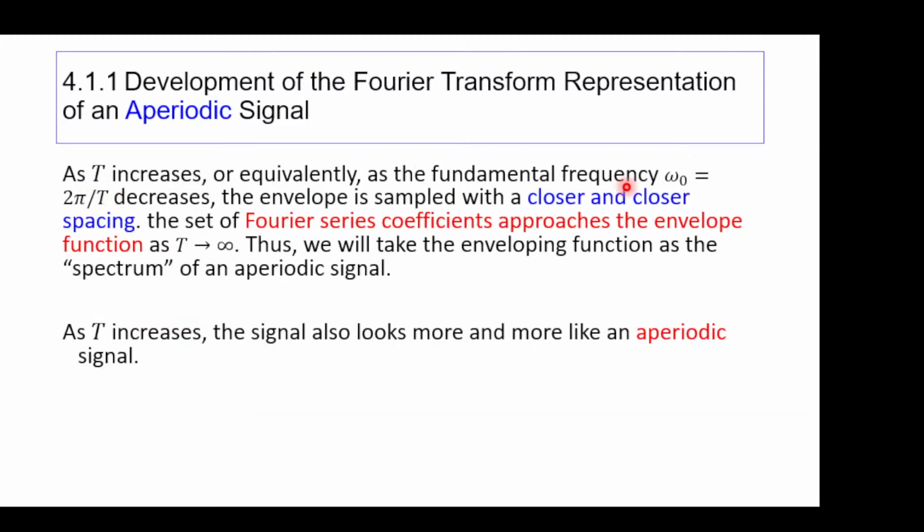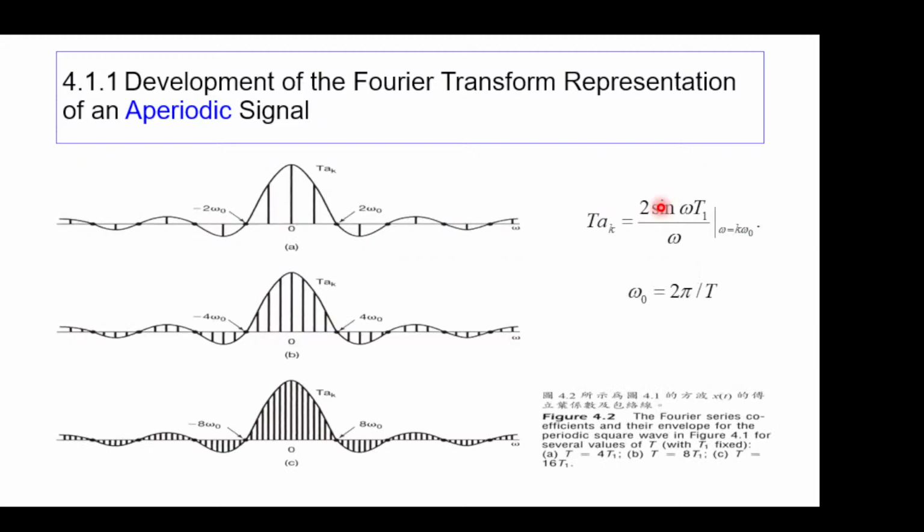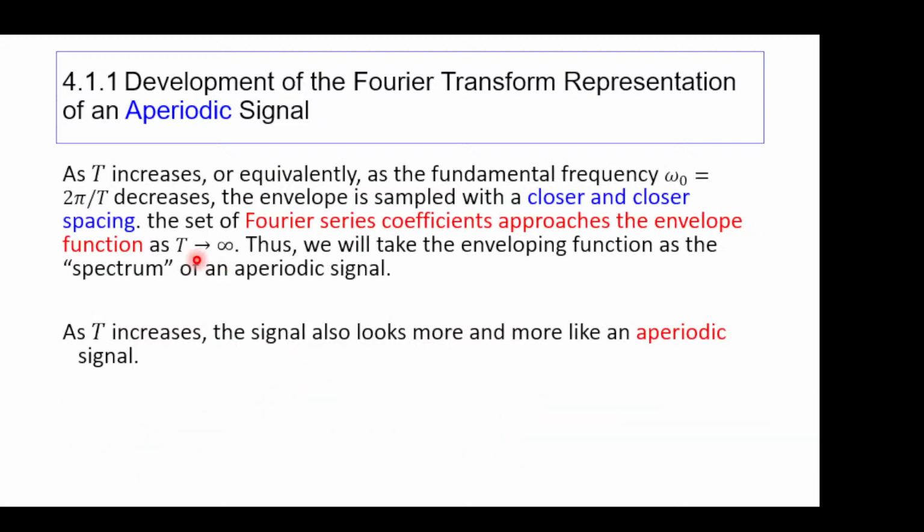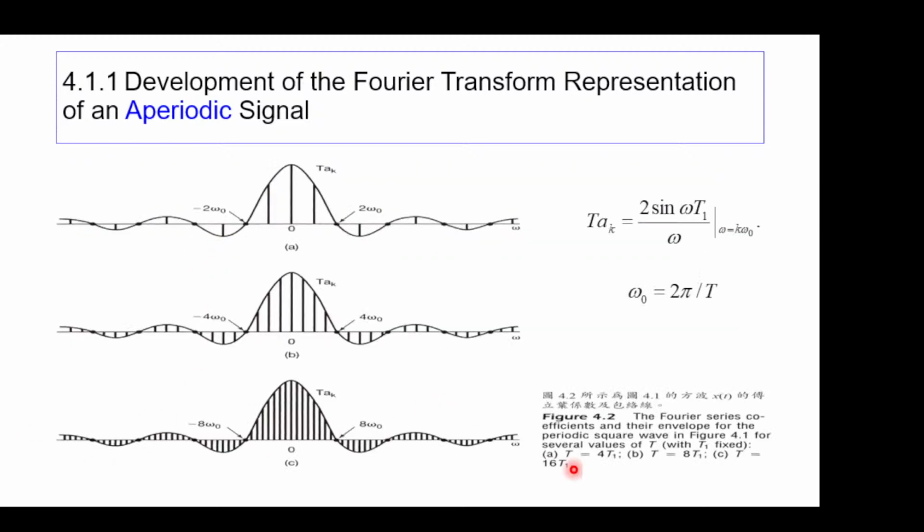And just as we said, as T increases, the omega naught will decrease, and you are sampling more and more on this enveloping function. And as T goes to infinity, we are basically taking every point over the enveloping function. So why don't we just take this envelope function as basically our coefficients?